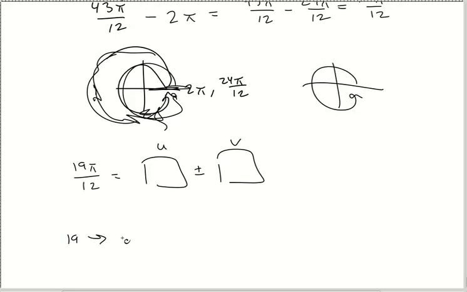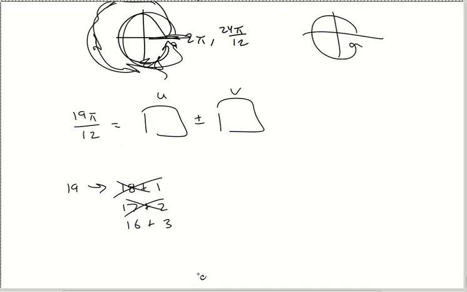Well, 18 and 1, but I don't think that's going to help because both of these are divided by 12. They all have a pi. Is 1/12 pi on your unit circle? No. So 18 plus 1 is no good. 17 plus 2, isn't that a prime number?